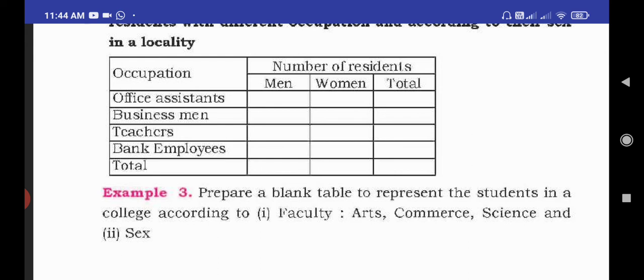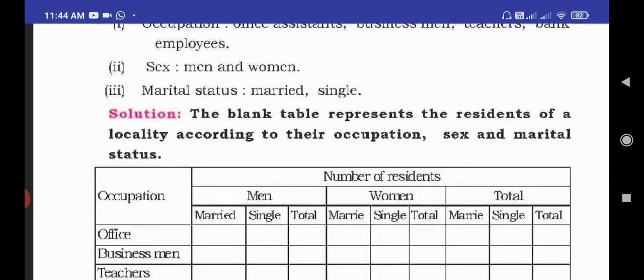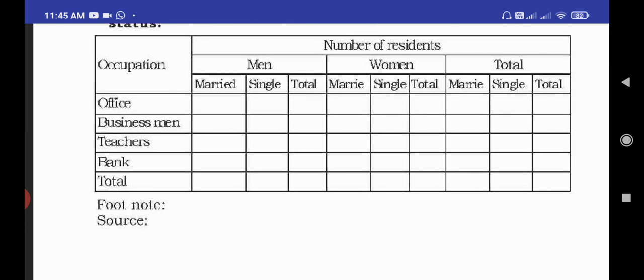Manifold table: we give importance to more than two characteristics. Number of residents is classified into men and women, and men and women are again classified into married and single. When we give importance to more than two characteristics, that data is related to the manifold table.